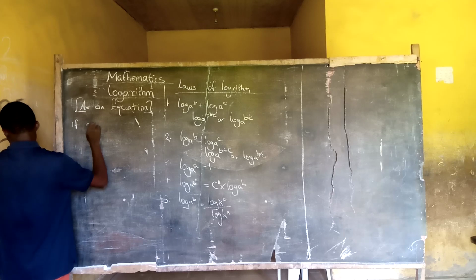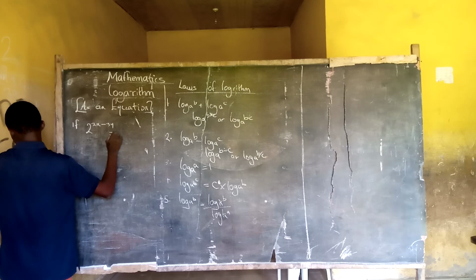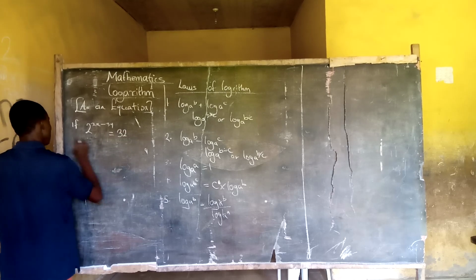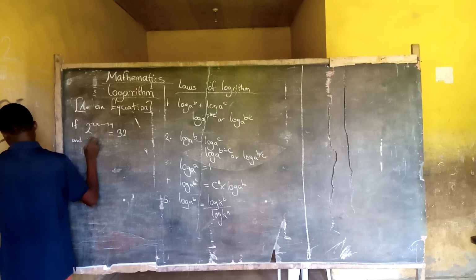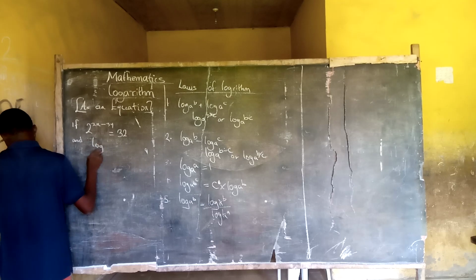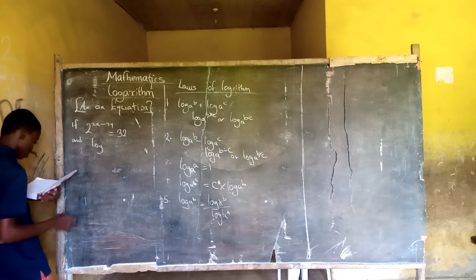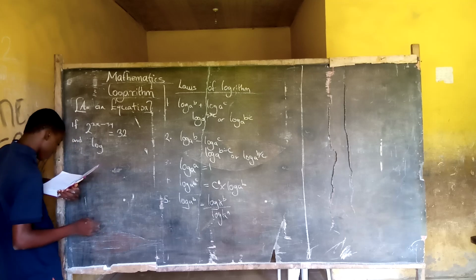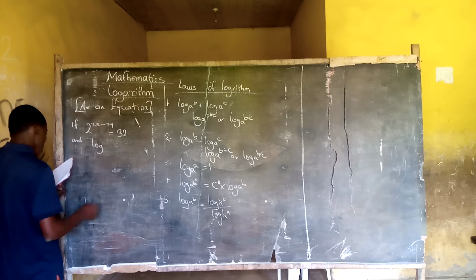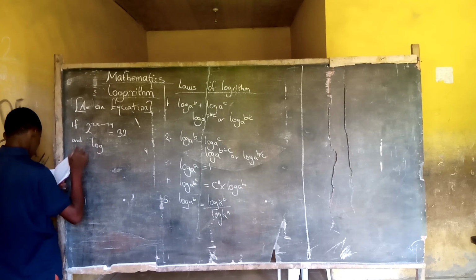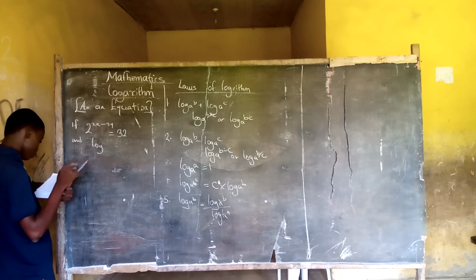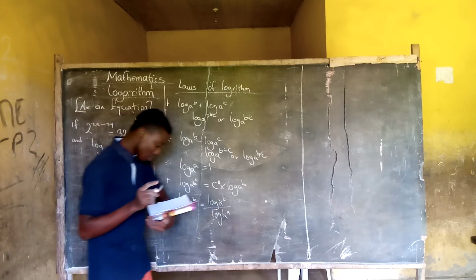If 2 to the power of 2x minus 3y equals 32, and log. Easy, I'm coming.